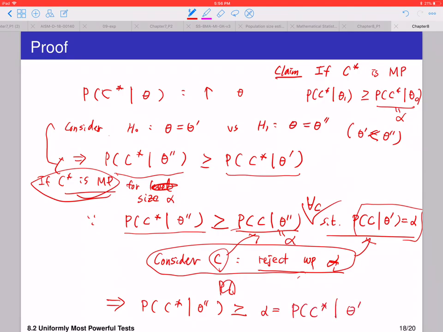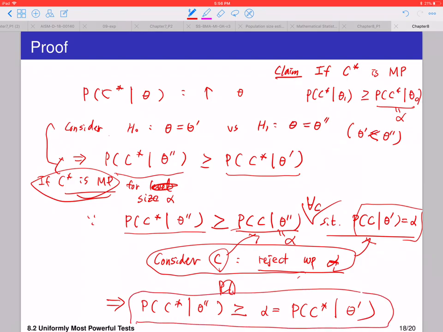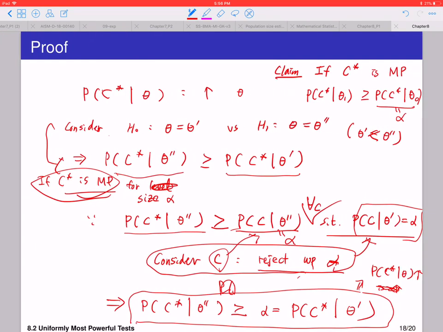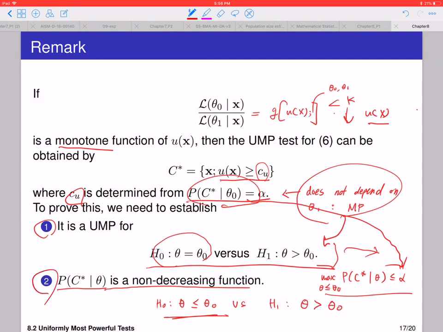So that means P_C star(theta) is a non-decreasing function. So that proves the second part. So that finishes the proof.